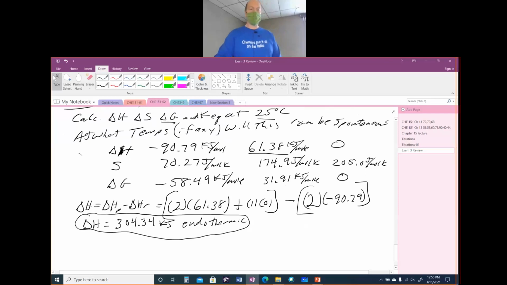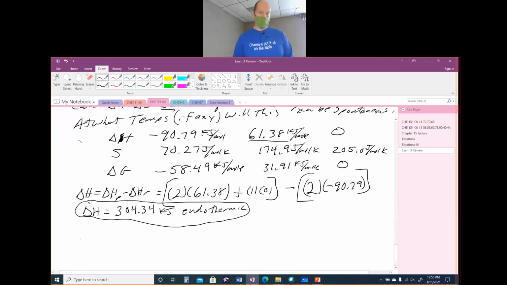All right, we're going to do the same thing, this time with the delta S. S of products minus S of reactants. All right, and so again, you're going to have 2 times your 174.9 joules per mole Kelvin. So your 2 moles, so the moles cancel.